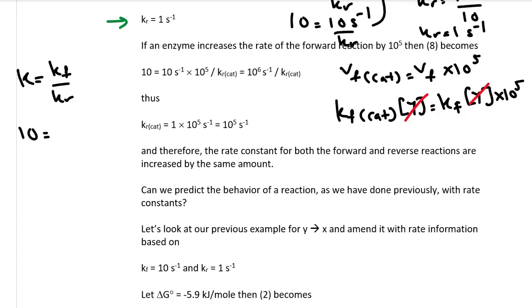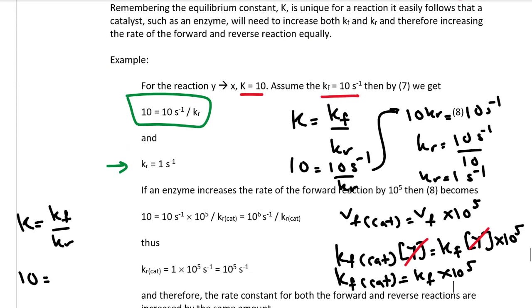Kf cat equals Kf, the rate constant for the forward reaction without the enzyme, times 10 to the 5. That's what I'm going to write here, since the enzyme increases the forward reaction by 10 to the 5, and we know Kf. Kf is given to us. Kf is right over here. Right here. 10 per second. So we can actually stick that into our equation.